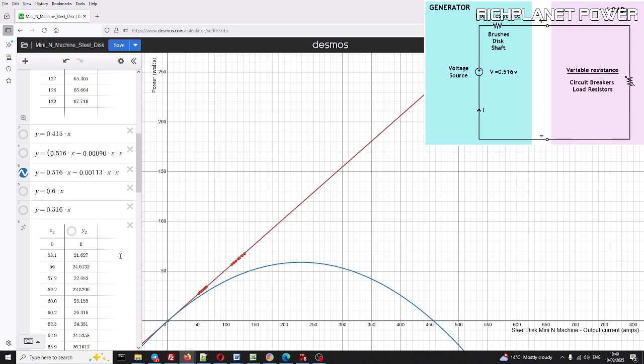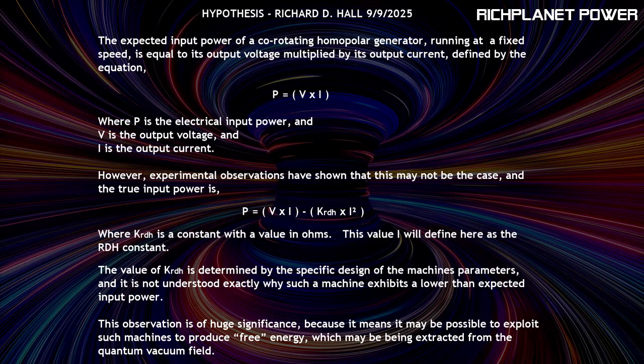And before I go on, I'm just going to define my hypothesis for the record, which states, this is the hypothesis of Richard D. Hall, and I'm reading this on the 9th of the 9th, 25. Here goes.